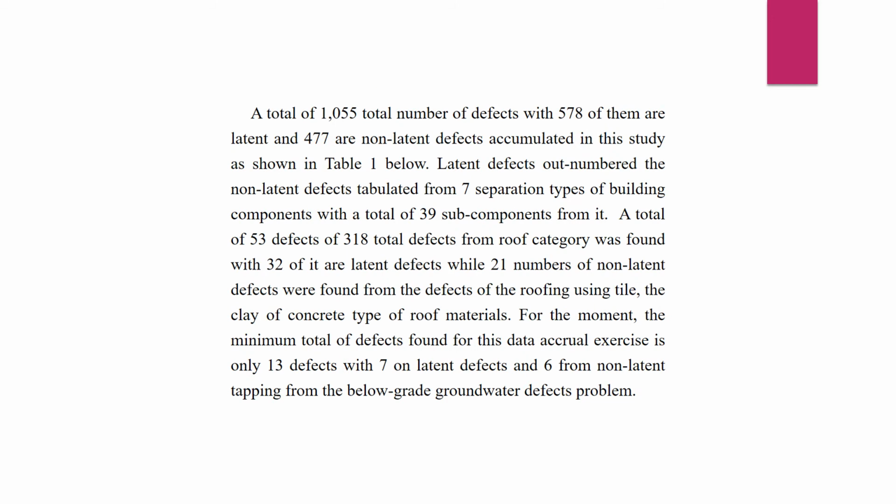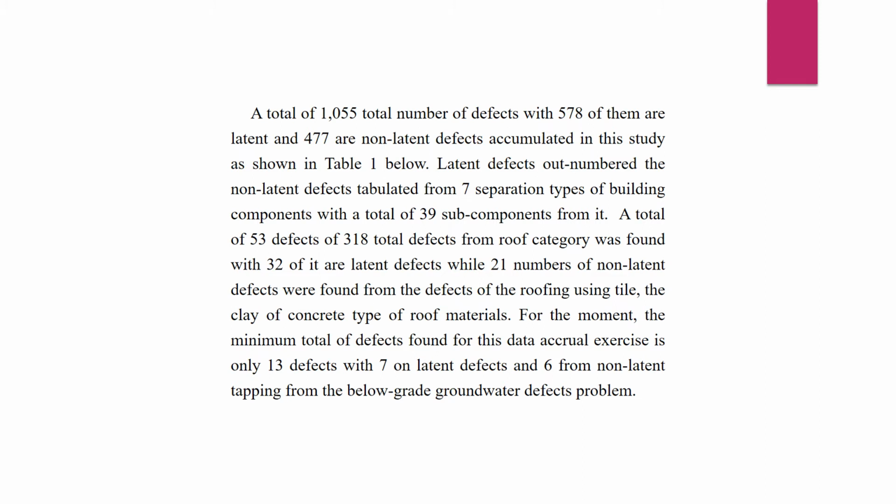Now it seems like 1055 is the total number of defects, as I mentioned before, in Table 1. A total from latent and non-latent, which I think is quite excessive.